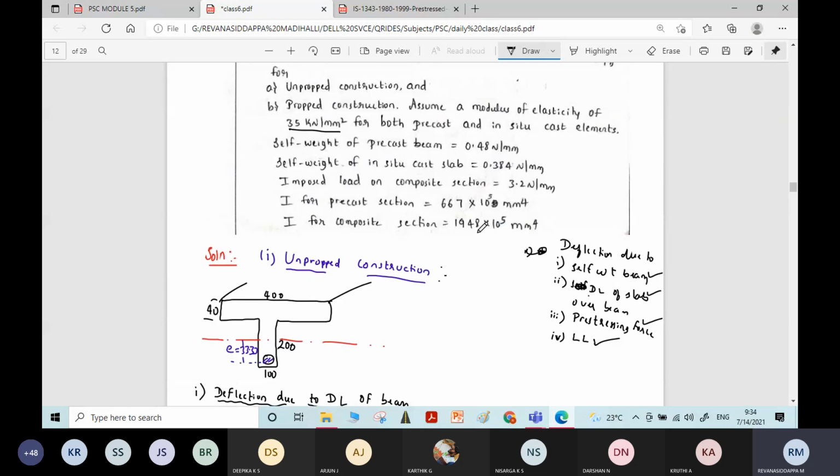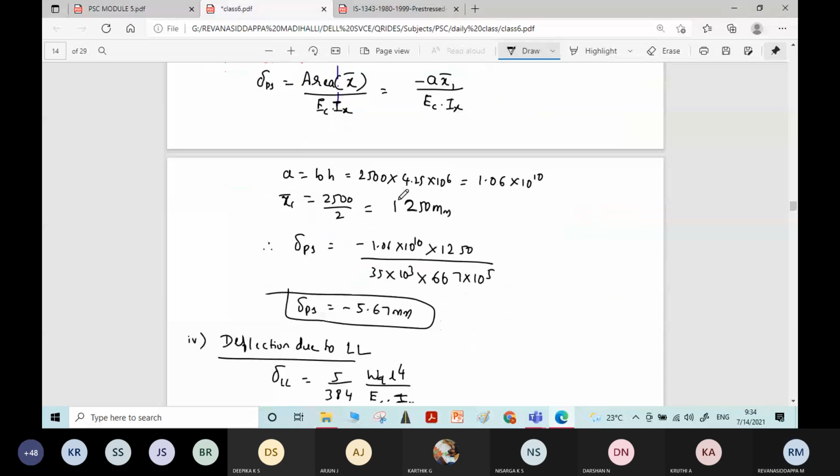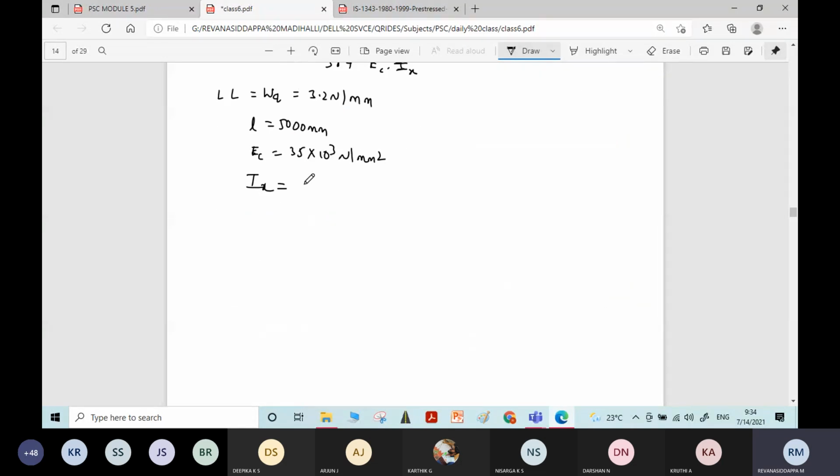That is 1948 into 10 power 5 mm4. This is important, remember.